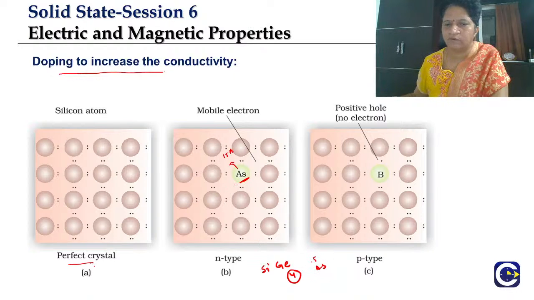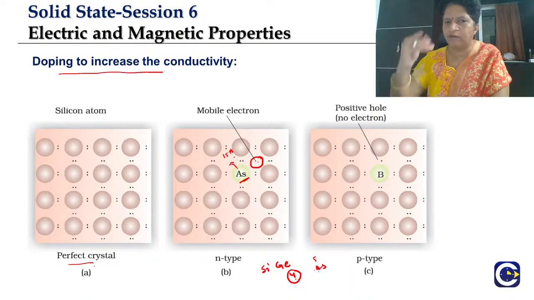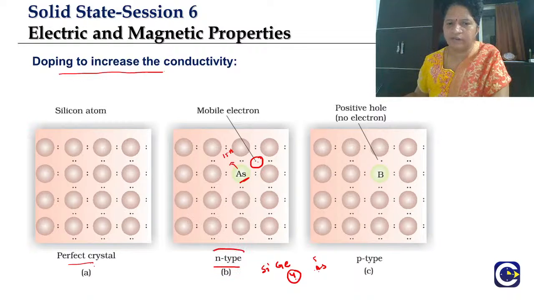So what happens? 4 electrons will form bonding and one extra 5th electron will be present. So this electron will move. It moves from one atom to the other atom. And here the conductivity is because of the negative charge, so we call it an N-type conductor.